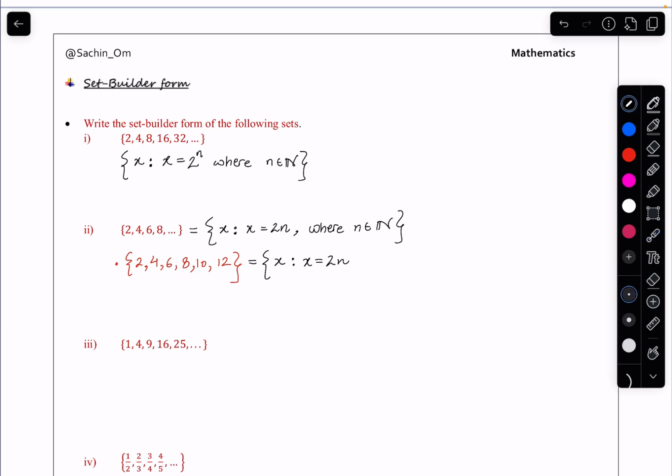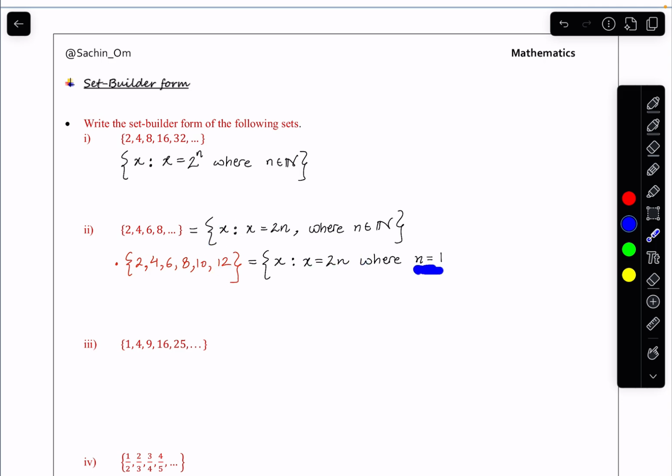So this is going to be where this n is either 1. When I take n is equal to 1, I get 2 into 1, which gives me the first element. When I take n is equal to 2, I get the second element. When I take n is equal to 3, I get the third element. The last element comes when I take n is equal to 6.